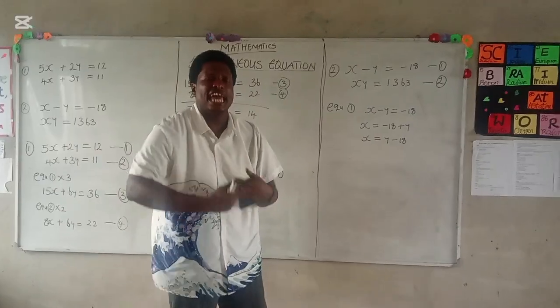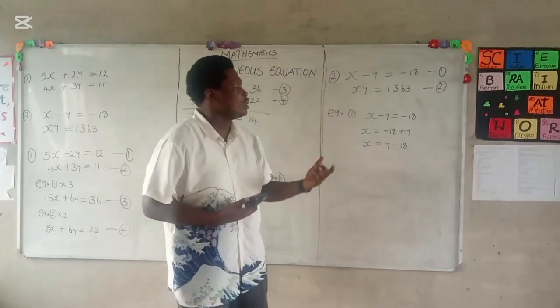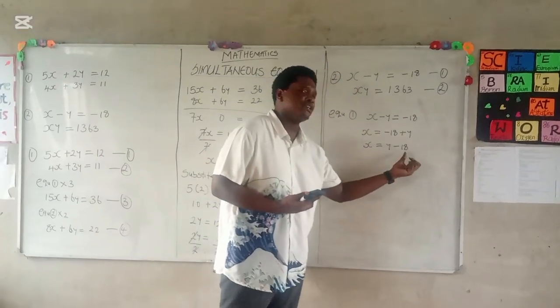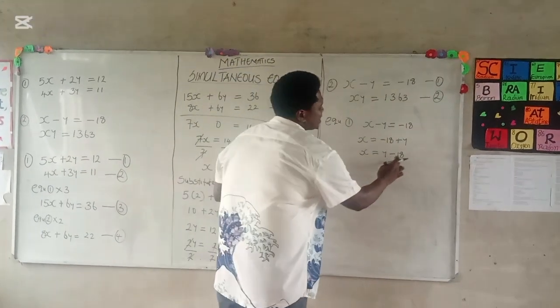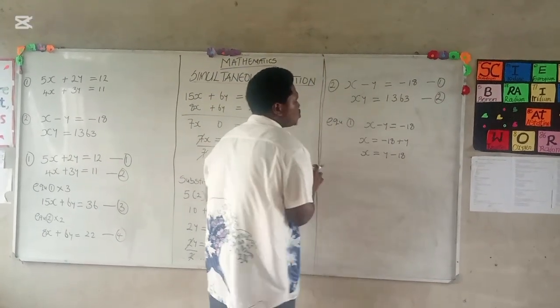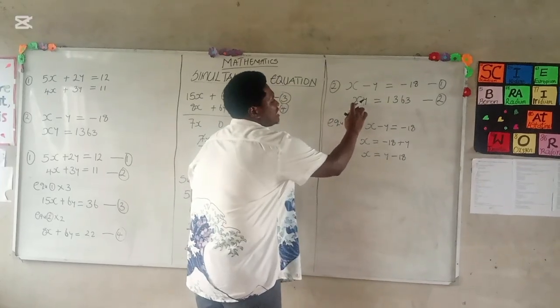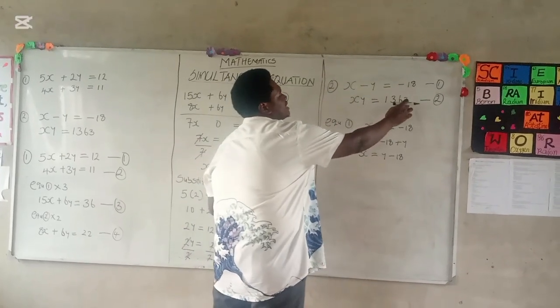So wherever we see x, instead of writing x, we are going to be inputting y minus 18. So we are going to input this into equation 2. Equation 2 is xy equal to 1363.